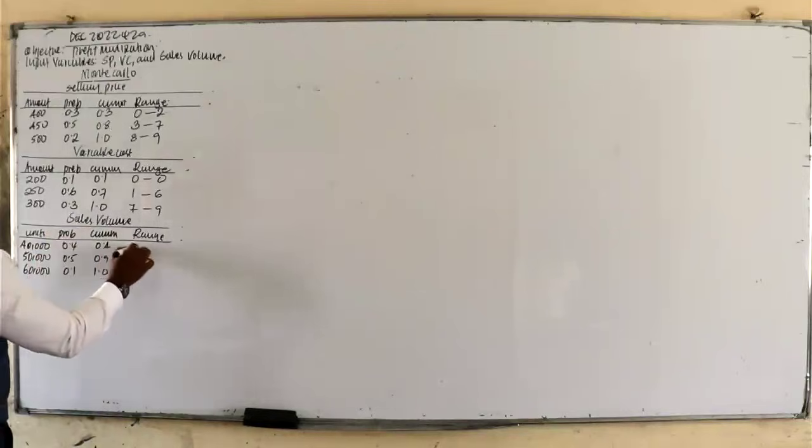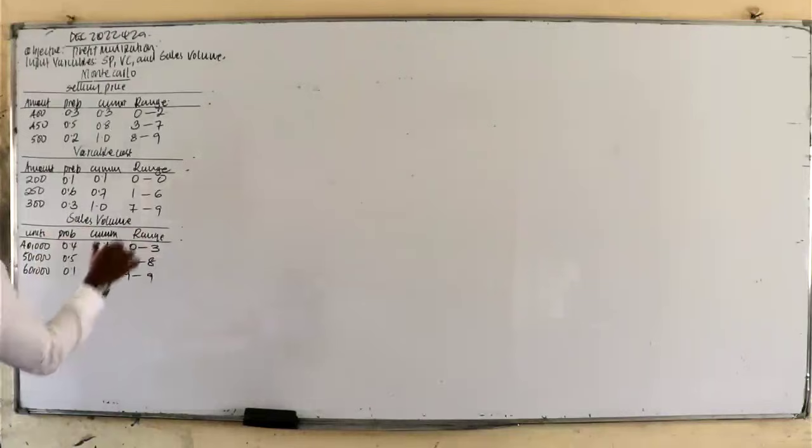With 0.4, 0.5, 0.1, the accumulated will be 0.4, 0.9, 1.0. And the first one will be between 0 to 3, 4 to 8, 9.